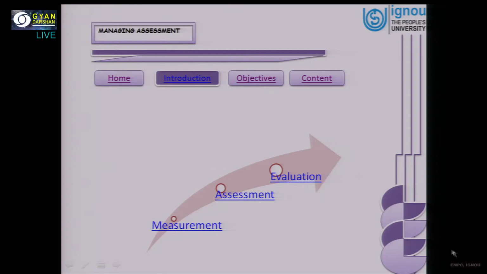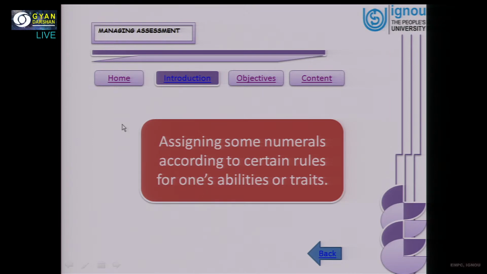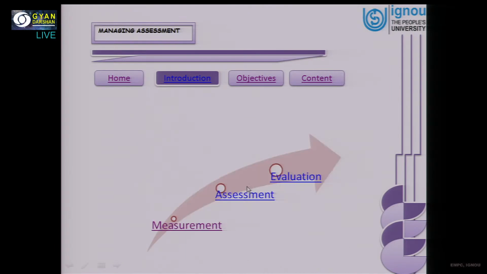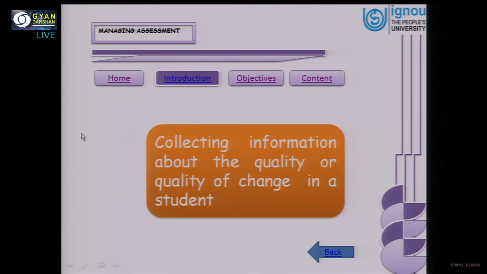Looking at the first term, measurement, measurement means assigning some numerals according to certain rules for one's abilities or traits. And what are these numerals? We are putting some kind of numbers so that we can express this measurement in terms of numbers. Coming to the next term, assessment, it means collecting information about the quality or quantity of change in a student.